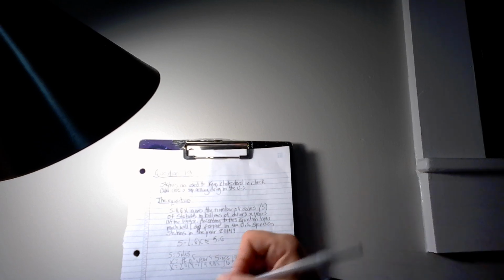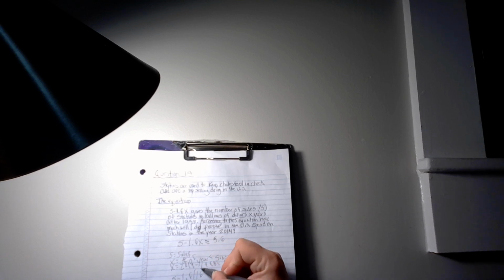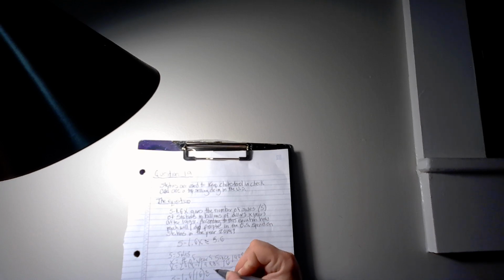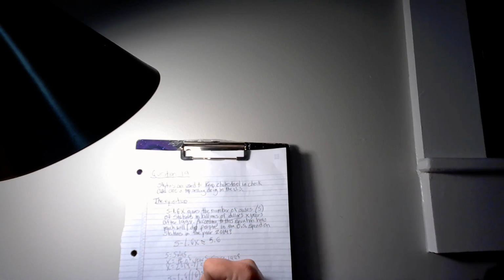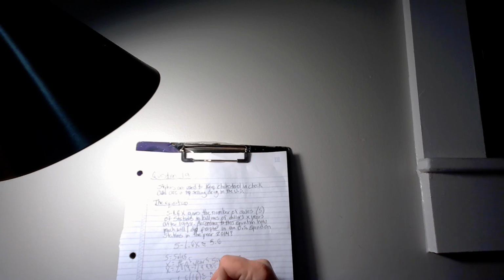So having 16, you would plug that into your equation. So you would do S minus 1.6 times 16 would equal 5.6. So break it down even more. You would do S minus 25.6, which would equal 5.6.